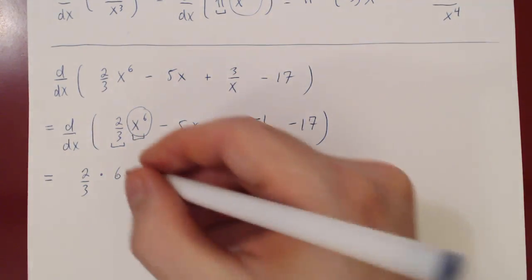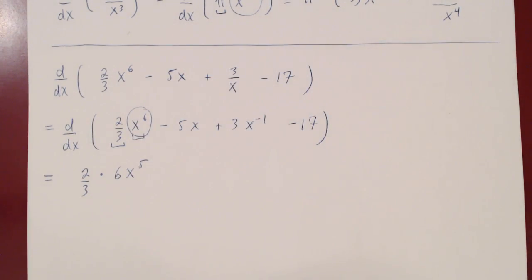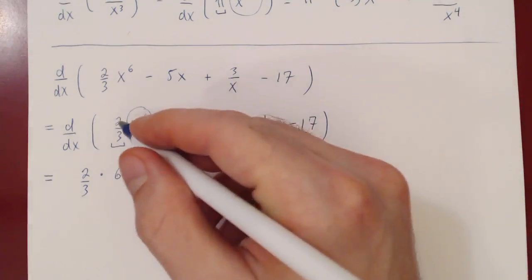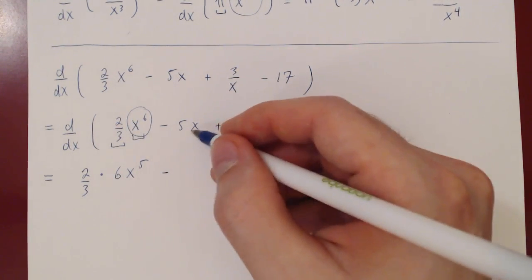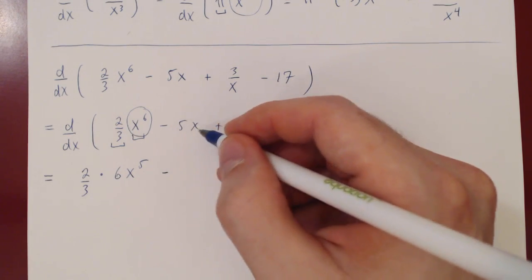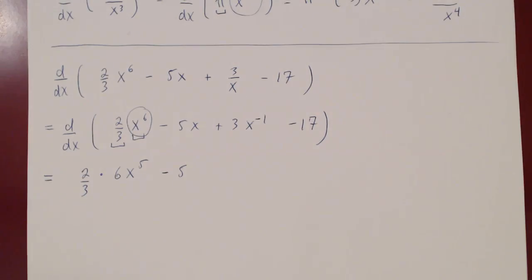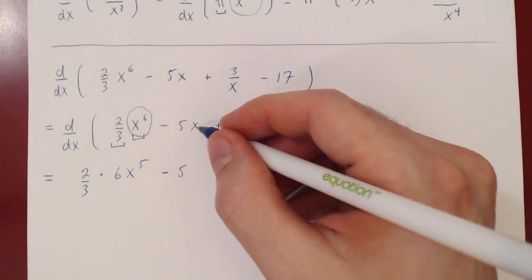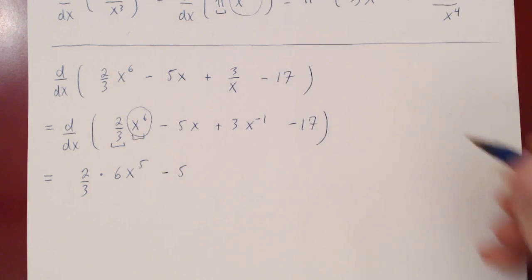We bring the power down, x to the 6 minus 1 is 5, and that's the derivative of the first function, minus 5x. Well, 5 is a constant multiple of x, so it stays 5, and the derivative of x is just 1, right? If you think of it, you can think of it in two ways.